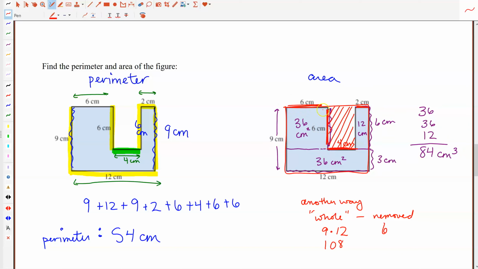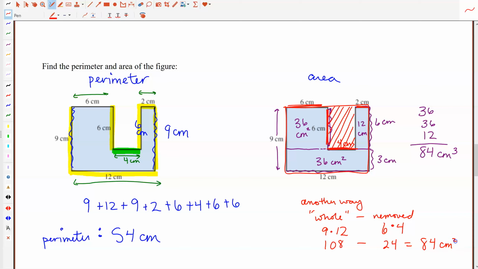So this region right here would be 6 times 4, or 24 square centimeters. So if I had 108 total and I took away a 24 square centimeter piece, that leaves me with 84 square centimeters.